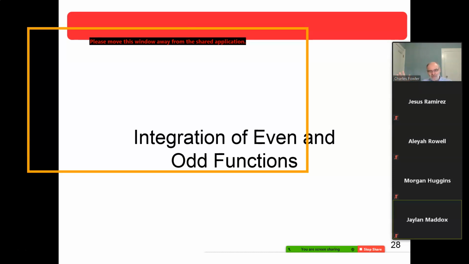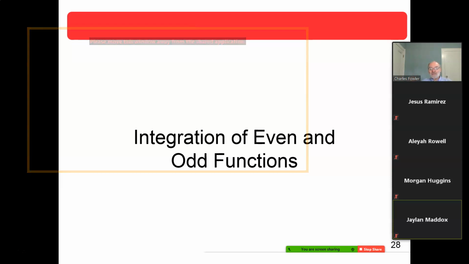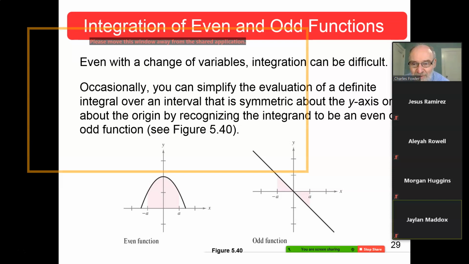They almost talked about it as one or the other. Guess what? The biggest class of functions is neither, neither even nor odd. In fact, several of those we've just been doing were neither even nor odd functions. But if you happen to have a function that's either even or odd, you can make life a lot easier. And again, this is a lazy man's approach here.